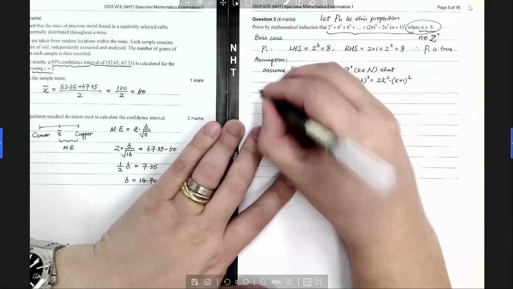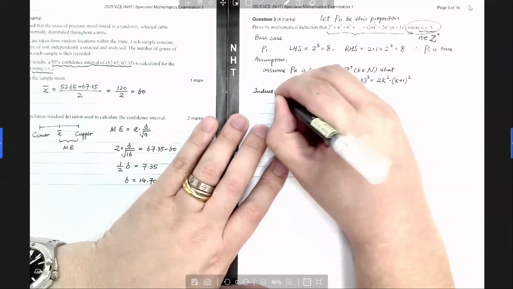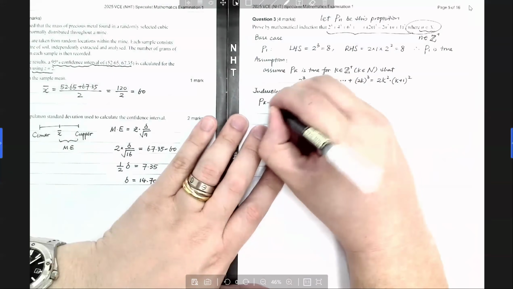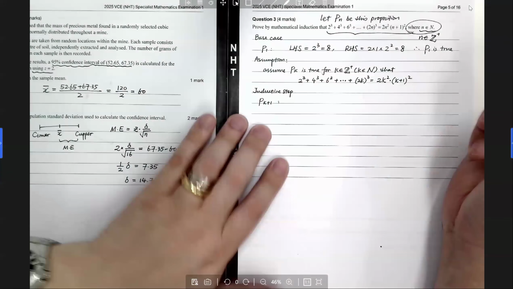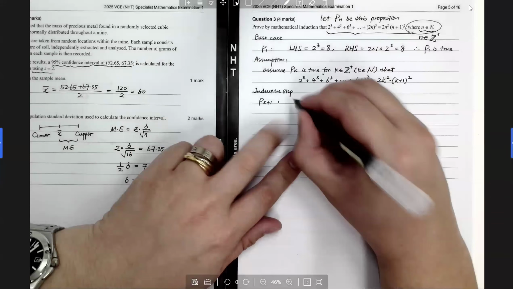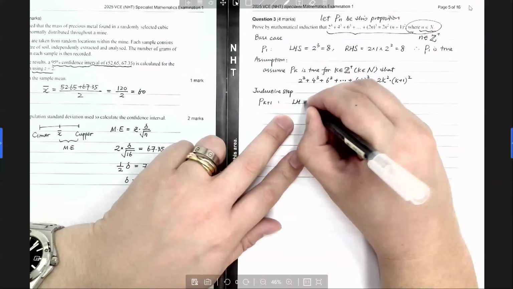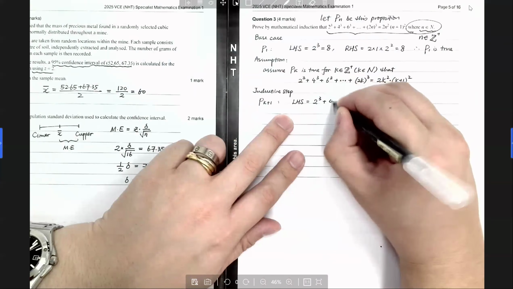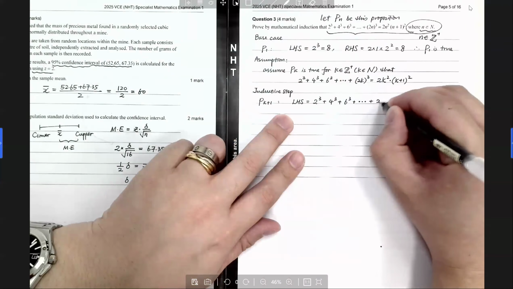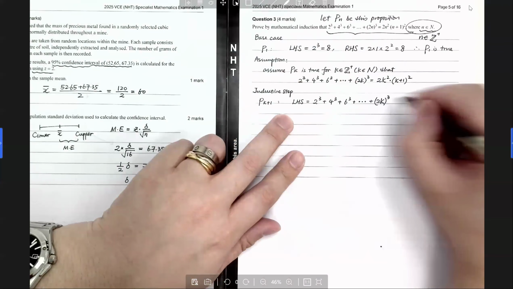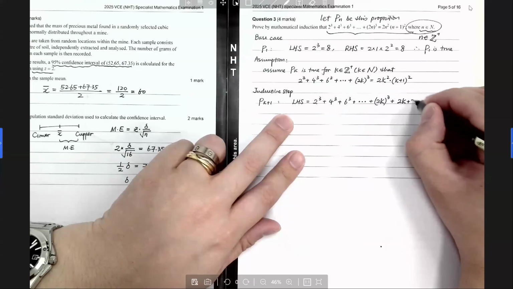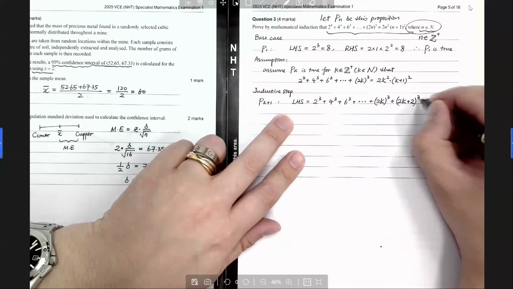Then we carry out the inductive step. Pk plus 1, okay? We want to show Pk plus 1 is also true for this pattern. So the left-hand side equals 2 to the power 3 plus 4 to the power 3 plus 6 to the power 3 plus ... Once I get up to (2k) to the power 3, I should also get (2k plus 2) cubed.